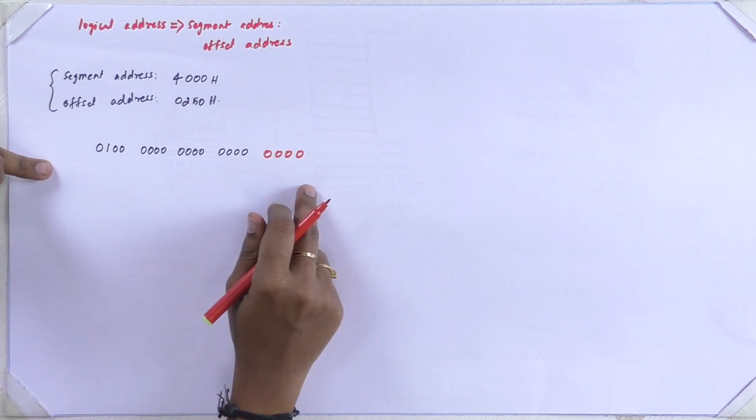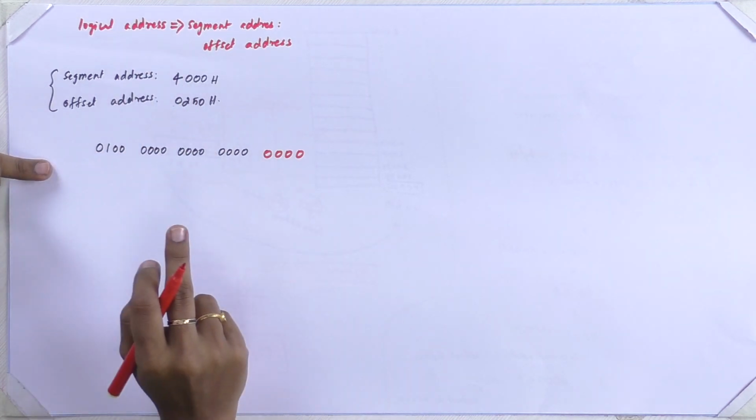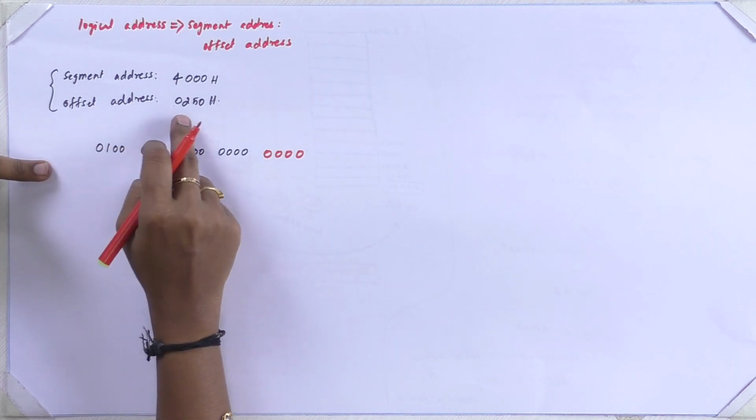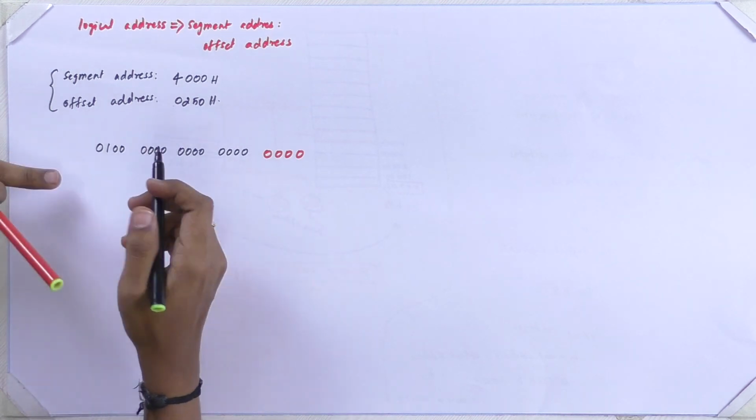After shifting 4 bits, now add the corresponding offset address with the segment address value. The offset address value is 0250H. Now add it with the segment address.